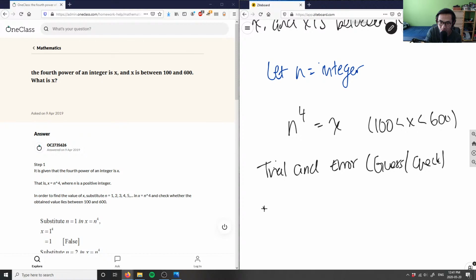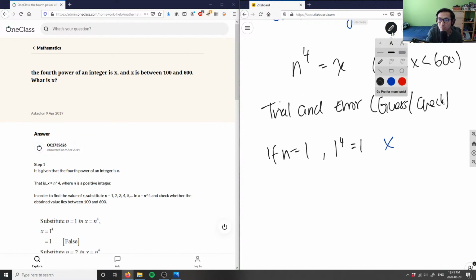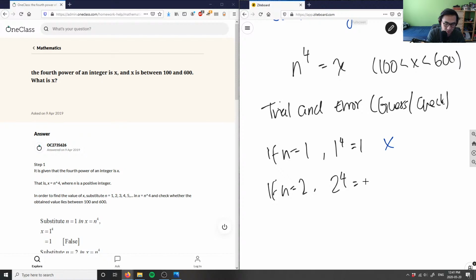So if n equals 1, then 1 to the power of 4 would equal 1. It's not between 100 and 600, so this is obviously not good. Then we keep trying numbers, right? If n equals 2, then 2 to the power of 4 is 2 times 2 times 2 times 2, which is 16. That's also not between 100 and 600.